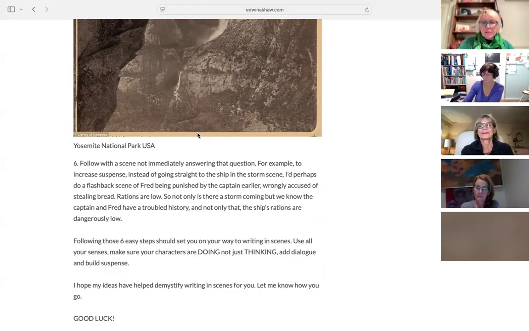Instead of going to the ship in the storm, I perhaps do a flashback scene of Fred being punished by the captain earlier, or something about their relationship, or the captain making a deal that he would get it to Jakarta by a, what did it be? Batavia, it was called back in those days, back to Batavia.